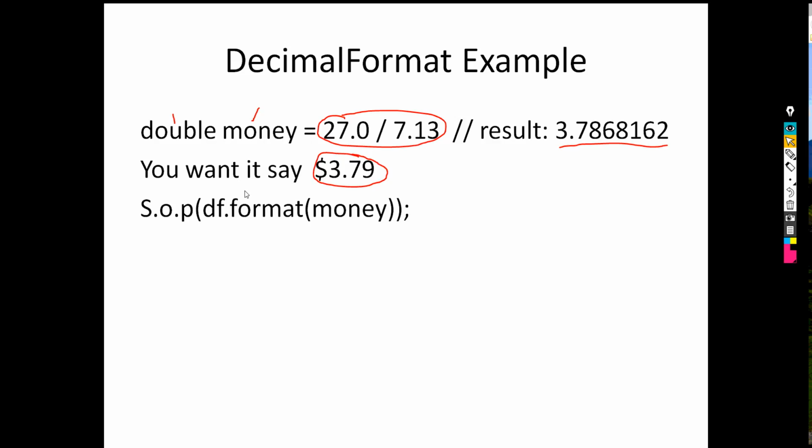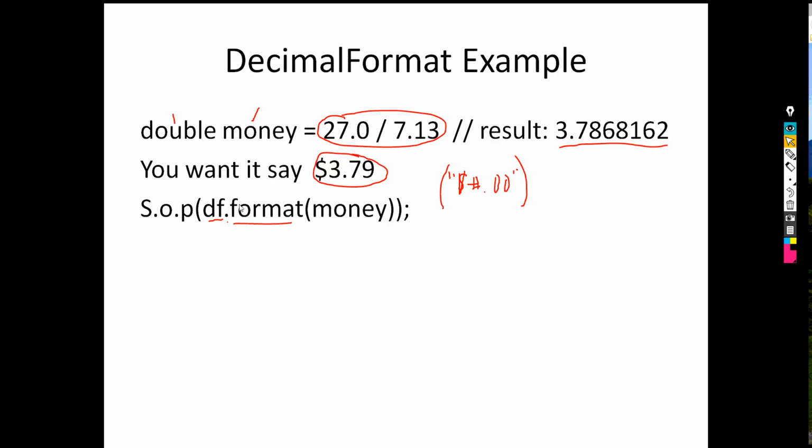So you apply the decimal format like what we had before with the quotation marks and the dollar sign and then the number symbol and the 0.00. So you have all that. With that, the decimal format is going to be applied to this. So we go to the name of the object, which is df dot, and then format. So just remember df dot format.